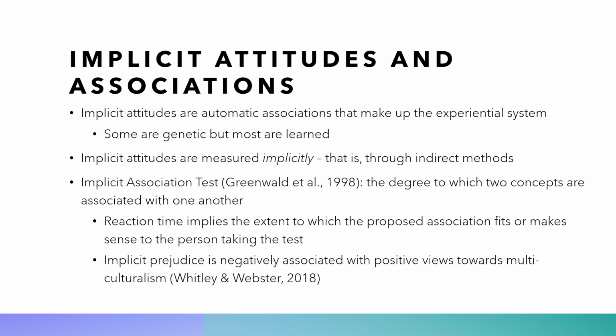There's a difference between having implicit associations and being overtly racist. And there's potentially a difference between having implicit associations and being subtly racist. This test simply measures associations based on the idea that reaction time reflects the extent that an association is accessible.